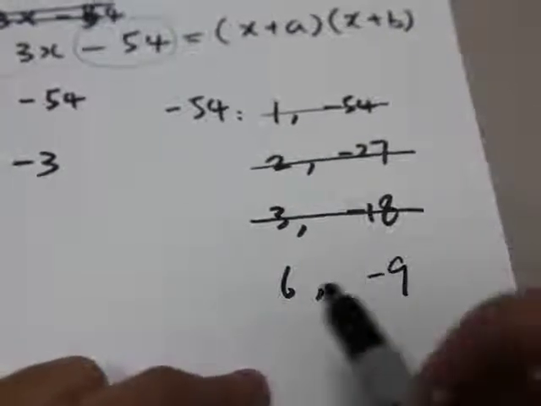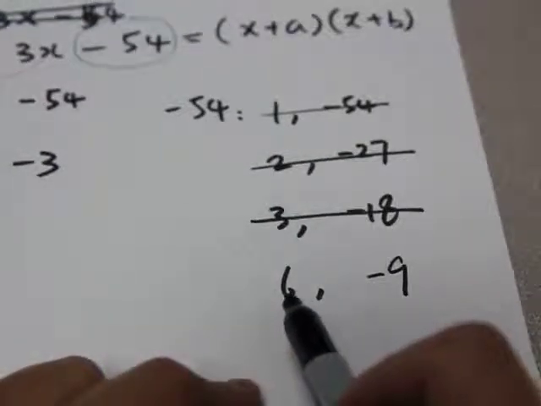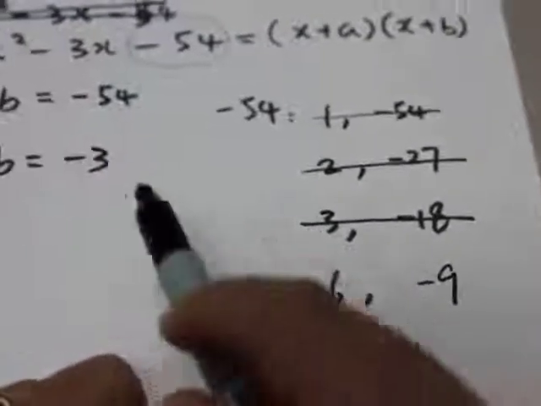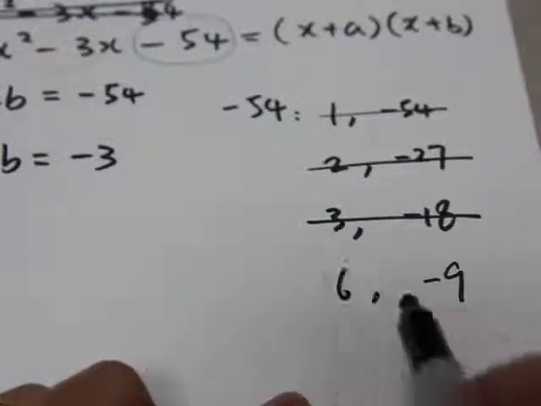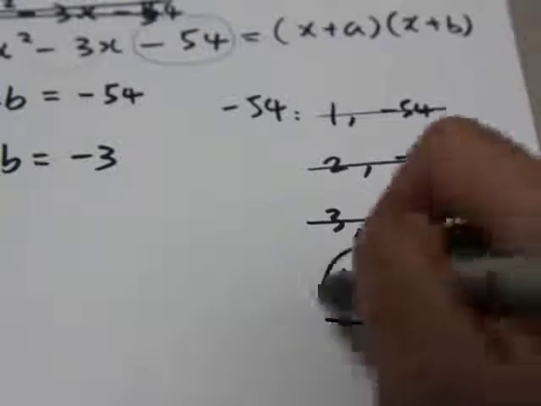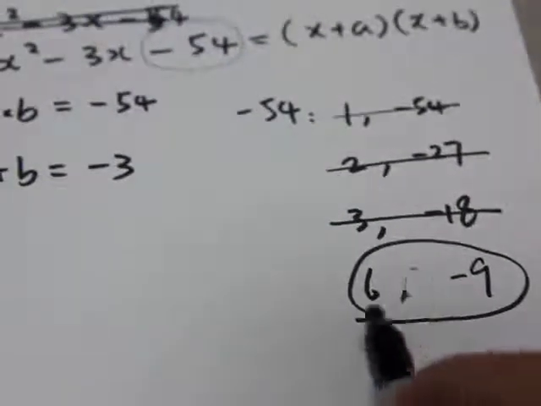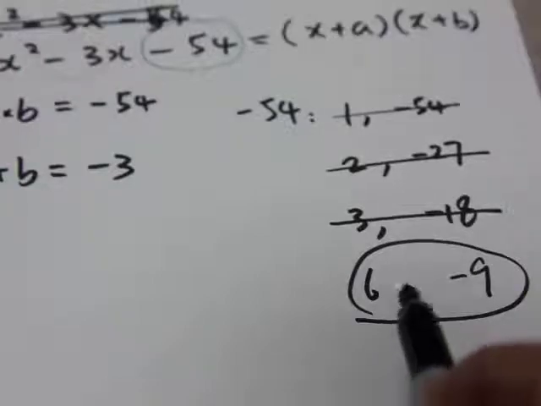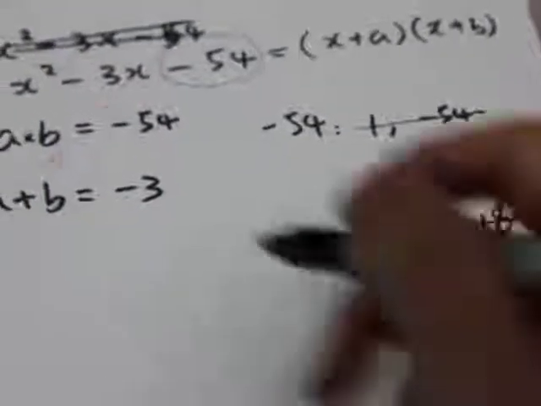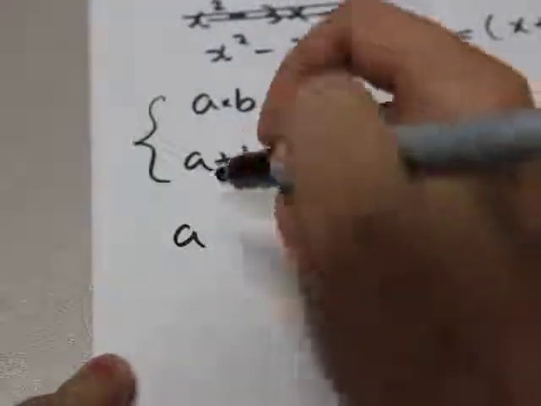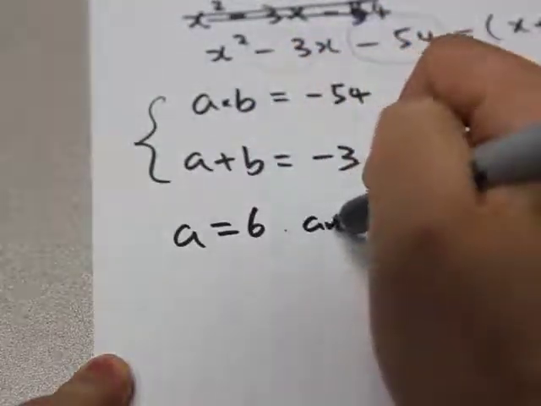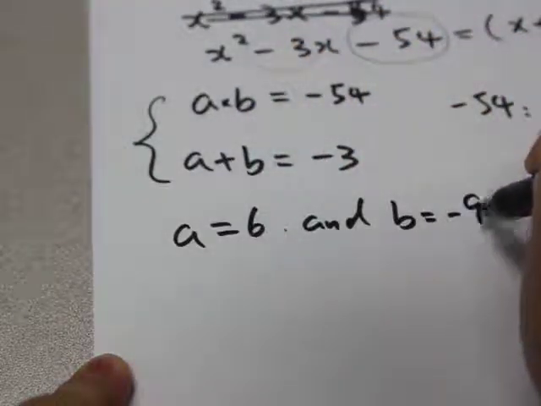Well, now you see 6 and negative 9, their sum is negative 3. So these two numbers are what we are looking for. One is 6, another one is negative 9. So you can say a equals 6 and b equals negative 9.